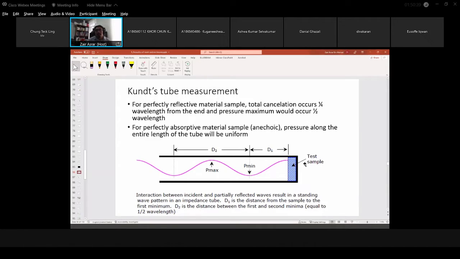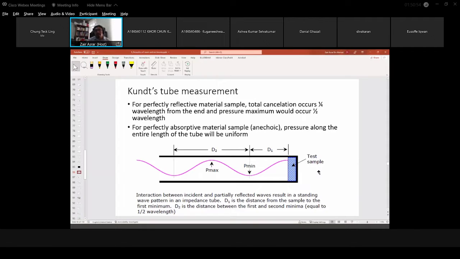Okay, so at the end here we have our test sample. If this test sample happens to be something that doesn't absorb sound at all, it reflects all the sound, so we know that the minimum location should be at 1/4 wavelength from the end. Okay, or D1 should be equal to 1/4 of the wavelength. The frequency of sound is controlled.